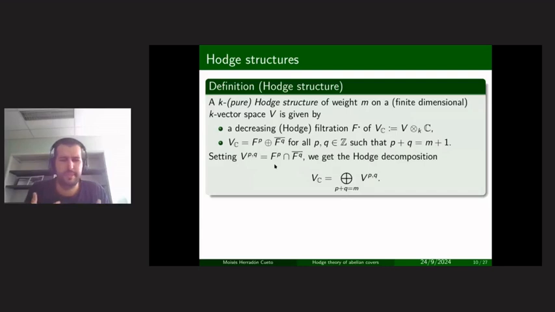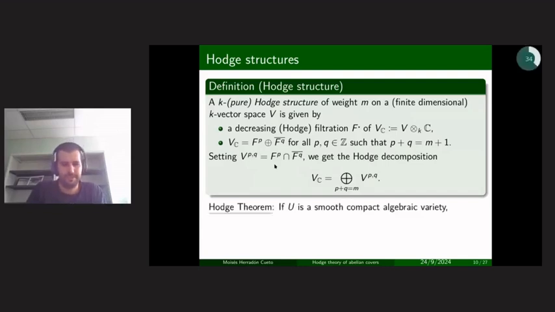So in conclusion, it's just some vector space with some linear algebra information on it, and it's really not important what it is. But anyway, why would we care about this definition? The reason to care is Hodge's theorem, which says that these show up in complex geometry.